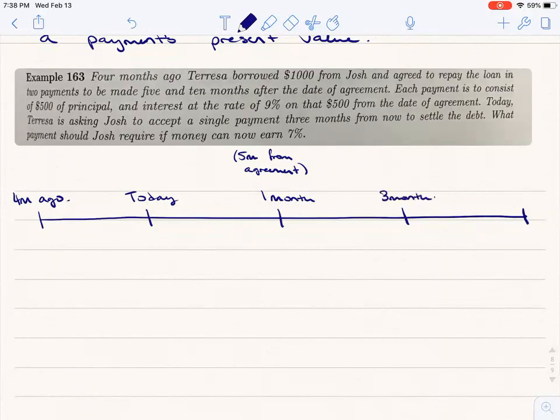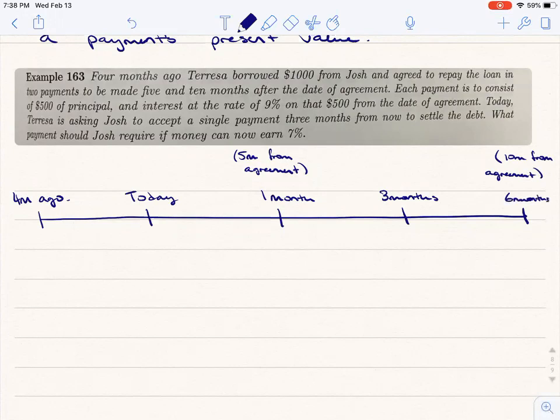So we've got 3 months, and then here we've got 10 months from agreement, which is actually 6 months from today. That's hard. It's going to take some practice reading these questions and figuring out what goes where and why. But that's why I wanted to do this one together.